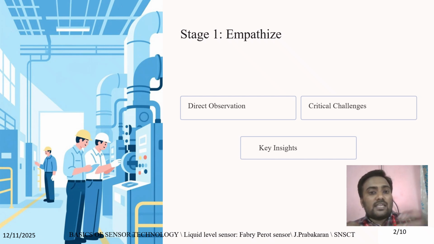The recurring issues are sensor drift that requires frequent recalibration, complex setup process, and a high total cost of ownership. Therefore, empathy helps us connect technology development with authentic user needs, which forms the foundation for effective innovation.